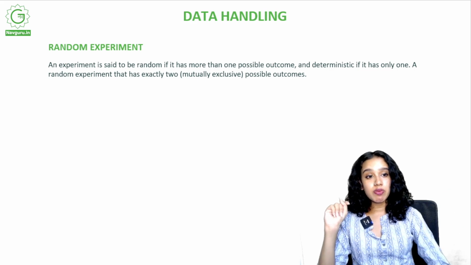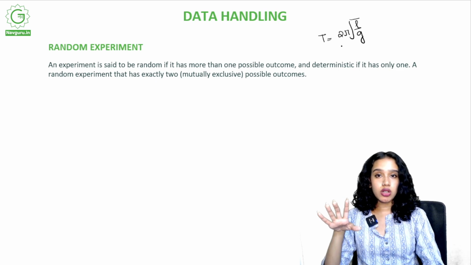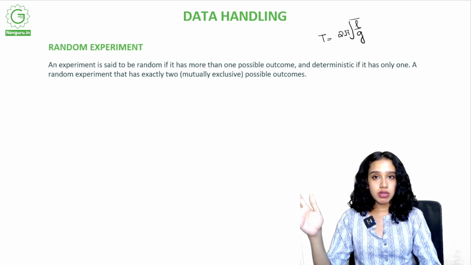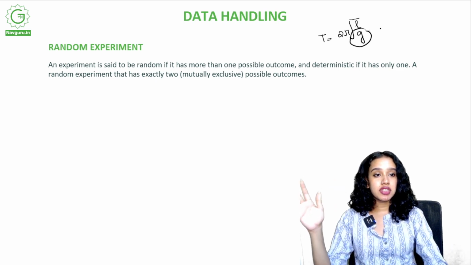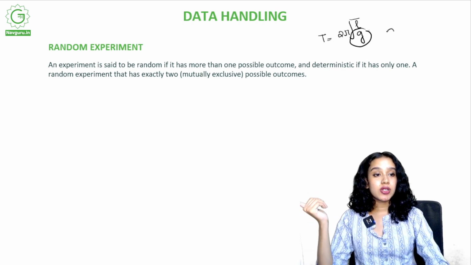In the equation of a simple pendulum's time period, we have T is equal to 2 pi root of L by g. This is not an equation which you need to learn, but I'm just talking about the equation and the experiment. And we have g here, which is acceleration due to gravity. Acceleration due to gravity is constant on Earth and it is 9.8 meters per second squared, right?